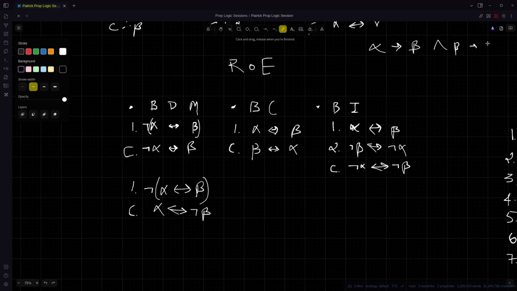Beta implies alpha, right? So the contrapositive of this will be this, and the contrapositive of this will be this, right? And then I just did a material implication. Sorry, a material equivalence.